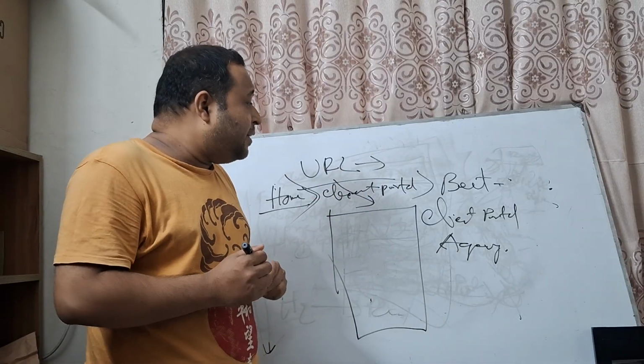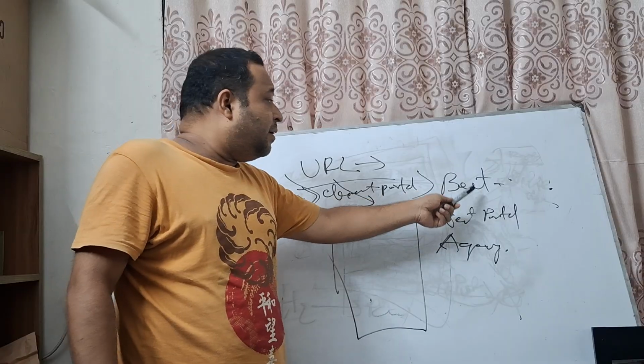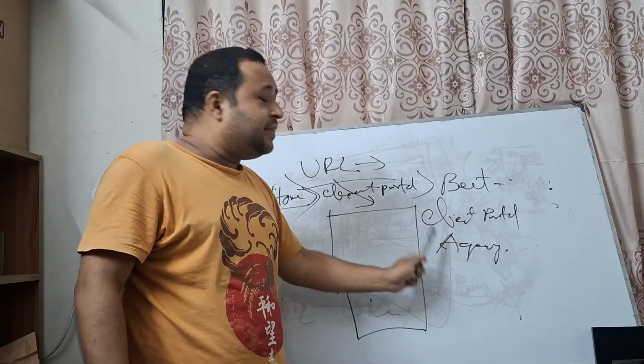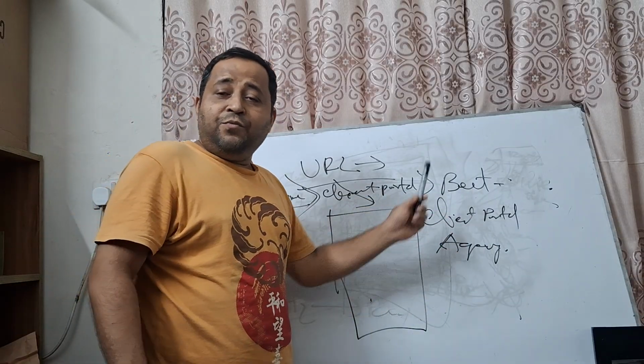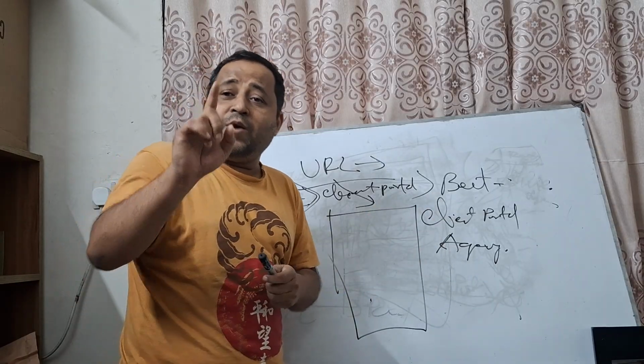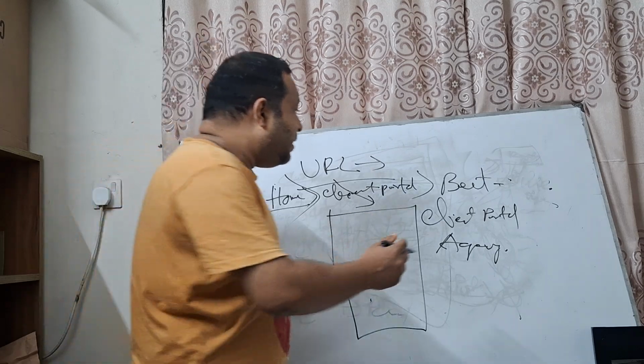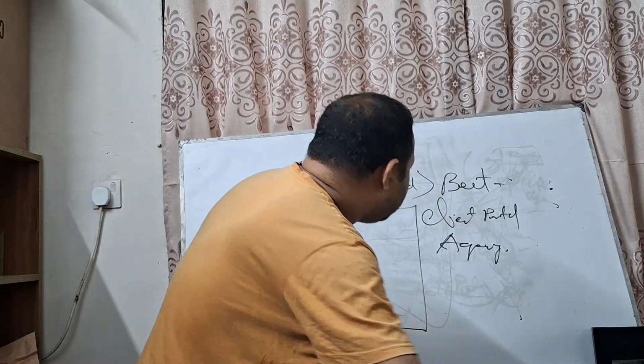But the interesting fact is, we don't need to give all four words of the best client portal agency in the URL. We just give one or two words. So we can give just only best.